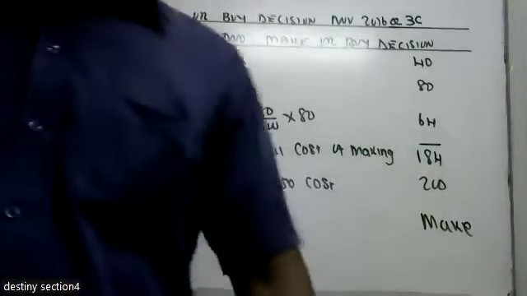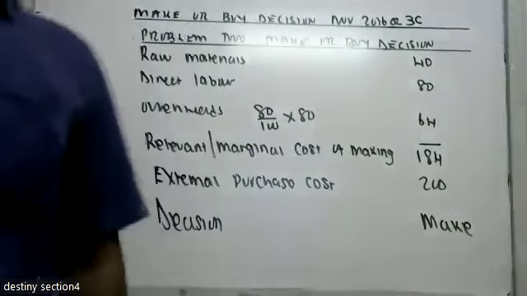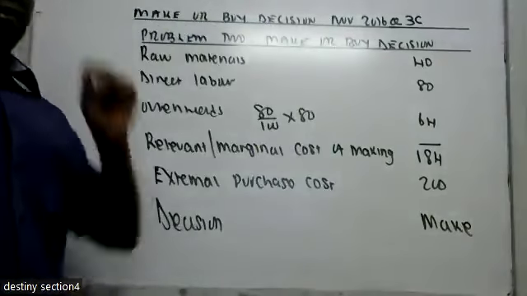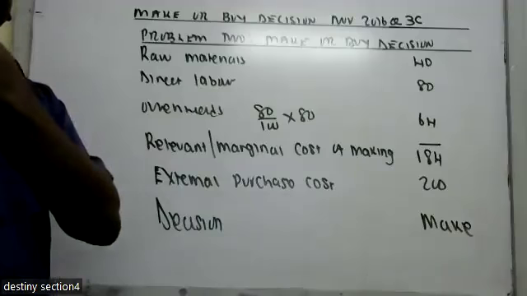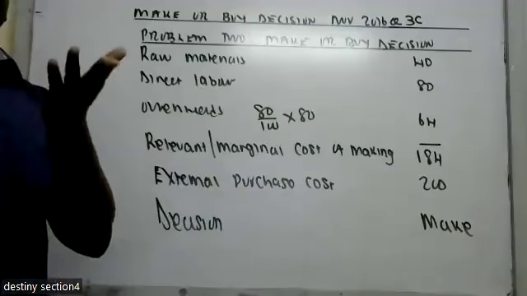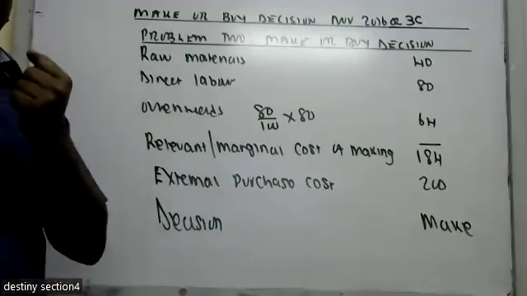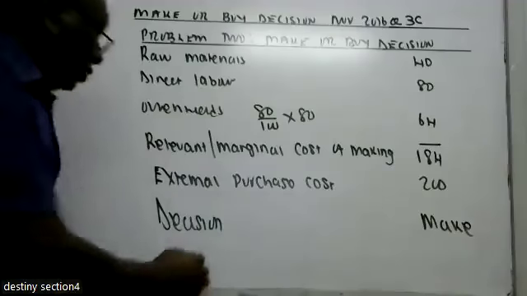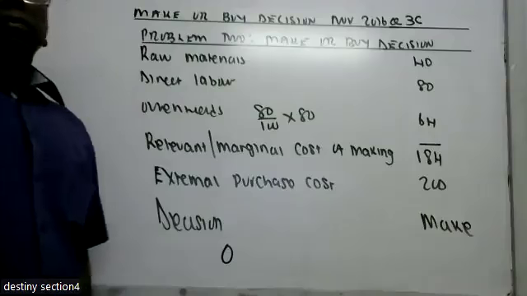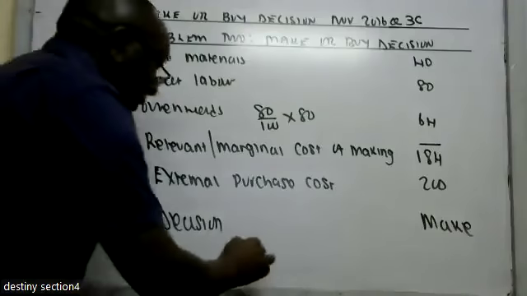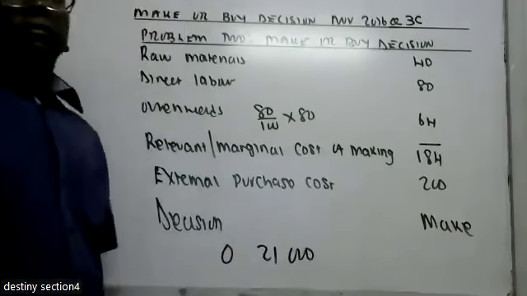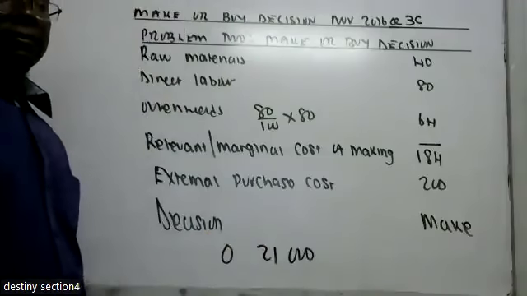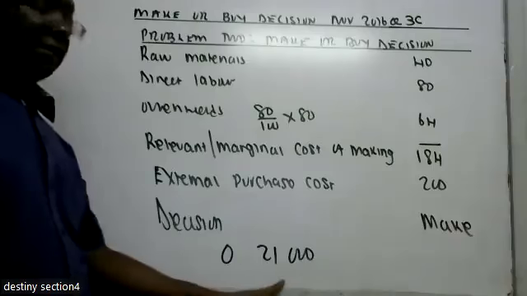But there are several other things that you need to bring on board. One is the expertise. I see if you had decided to study this set 4 yourself, the cost would have been 0. But when you came to Destiny, you paid 21,000.